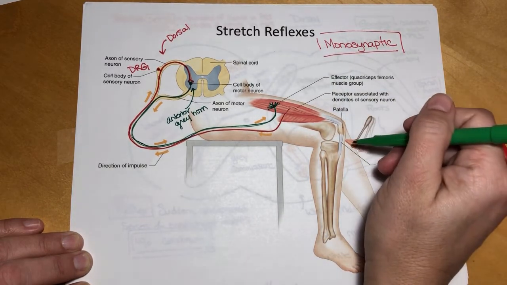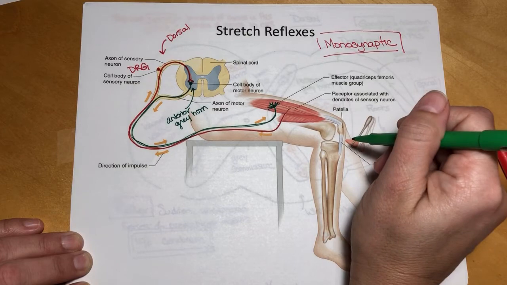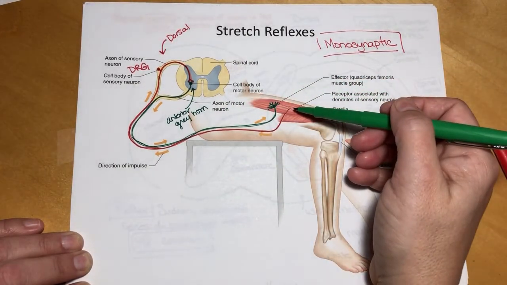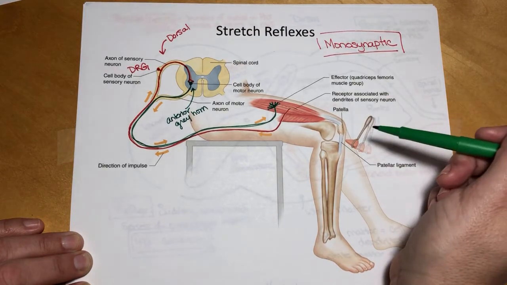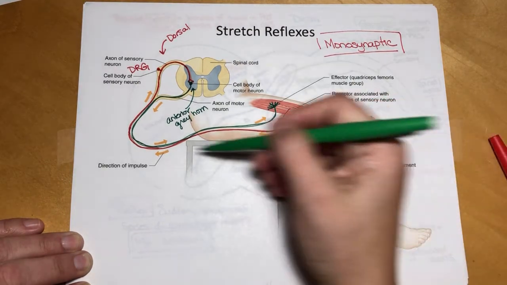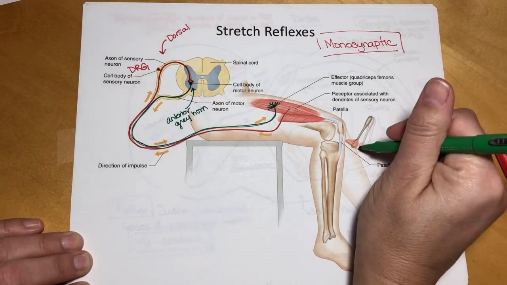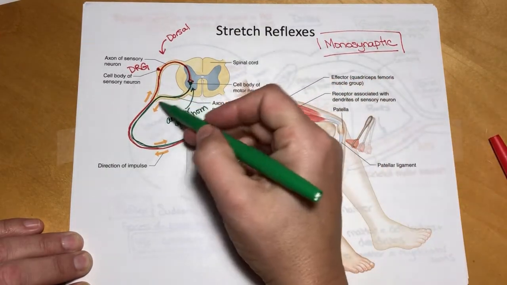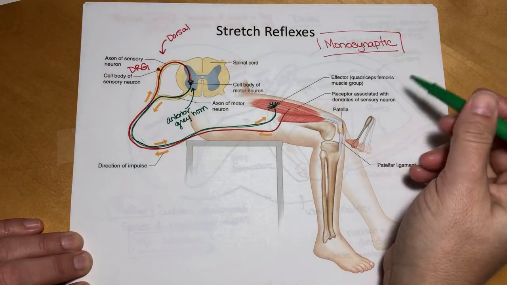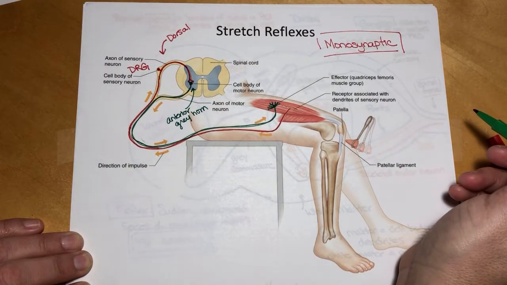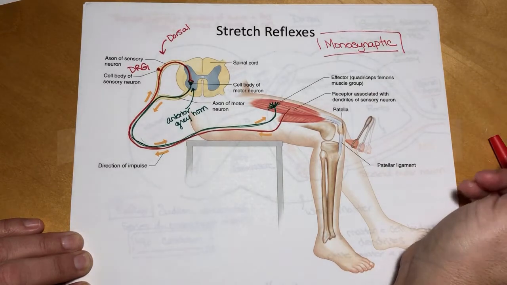All of that happens so quickly that your brain isn't even involved in the decision. It's fast, it's unplanned, but it'll happen this way every single time. So what your doctor is actually checking is whether or not your spinal cord is working when he hits your patellar ligament. So this is monosynaptic.